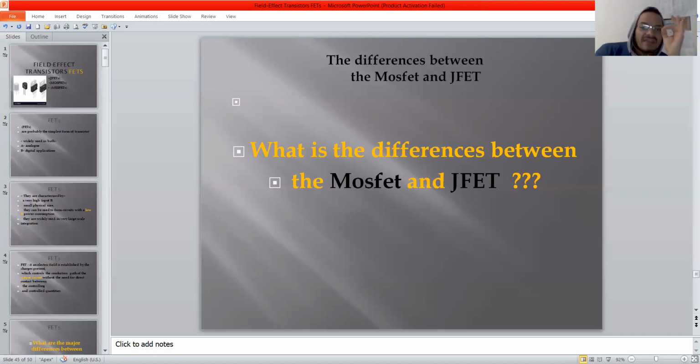That means we're dealing with the same situation as the no bias condition, because here there is no power source. That means the junction field effect transistor has two PN junctions under no bias conditions. Under no bias conditions, we have the drain source voltage equals 0 and the gate source voltage equals 0.